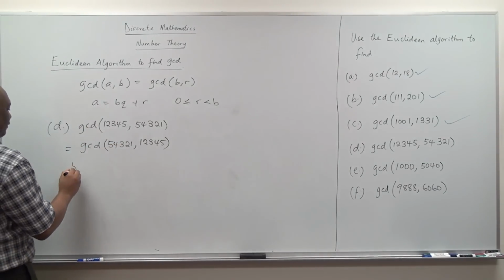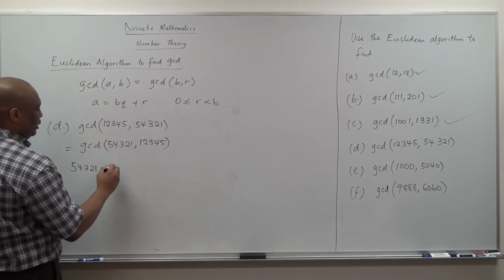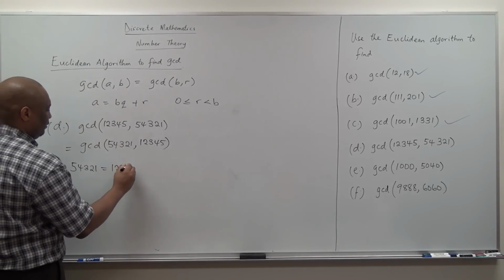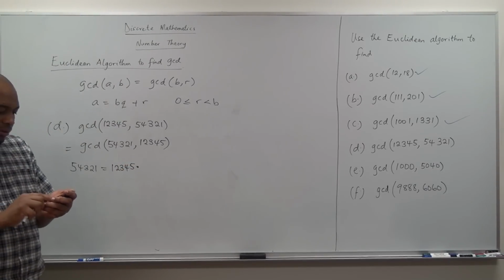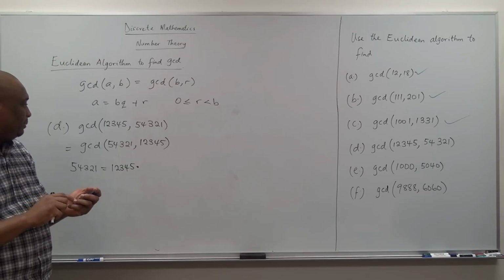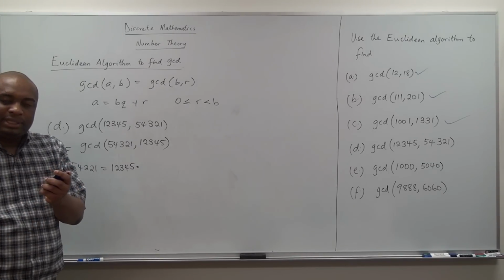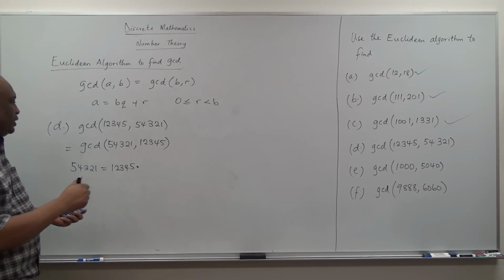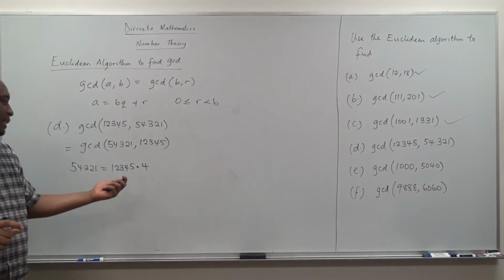You divide 54321 by 12345. It gives you 4.4 something, so you just write 4, the integer value.